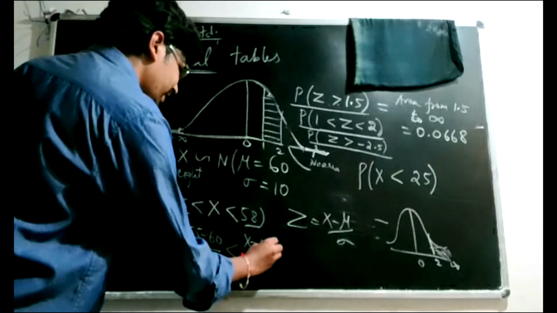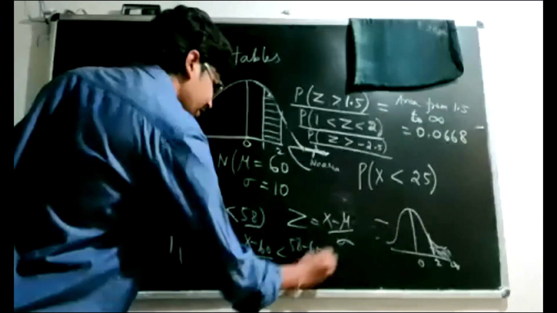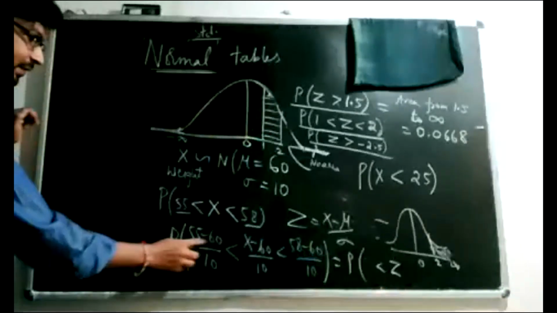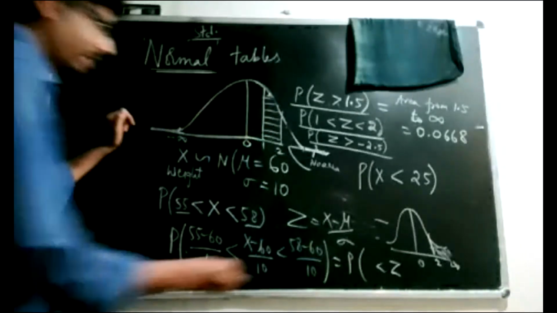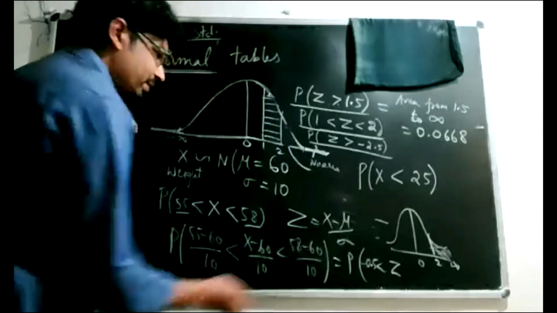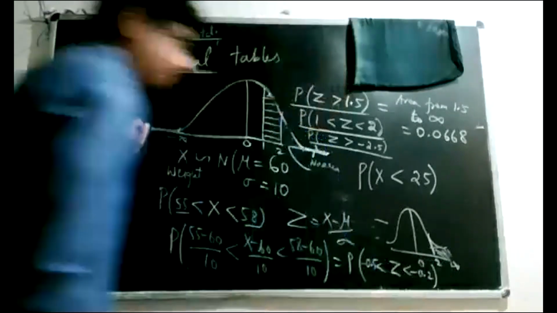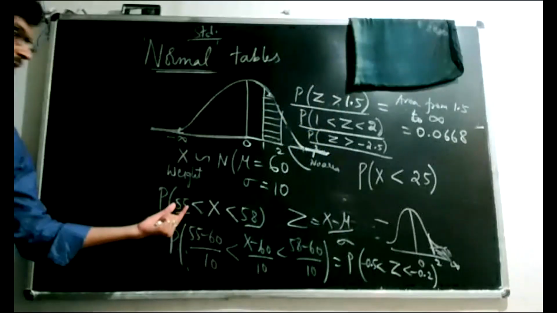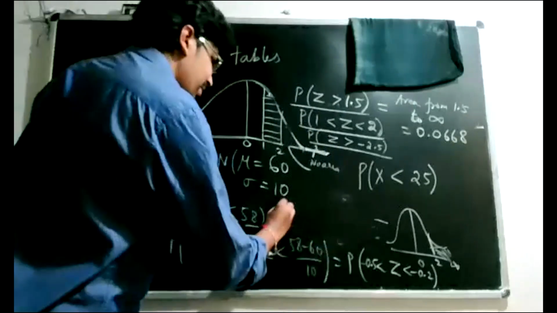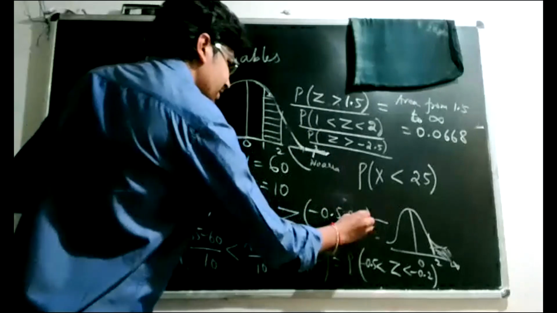I'll subtract 60 and divide by 10. 55 minus 60 is minus 5, minus 5 by 10 is minus 0.5. 58 minus 60 is minus 2, minus 2 by 10 is minus 0.2. So your x between 55 and 58 is the same as z between minus 0.5 and minus 0.2.